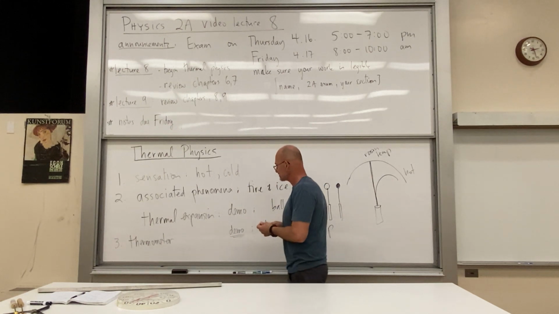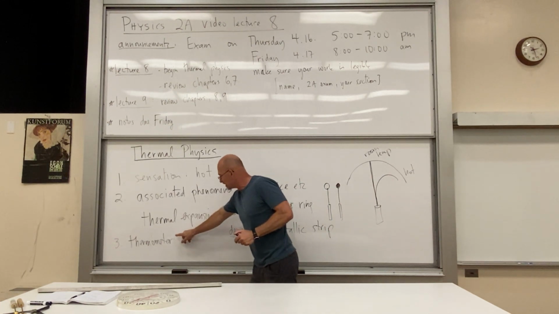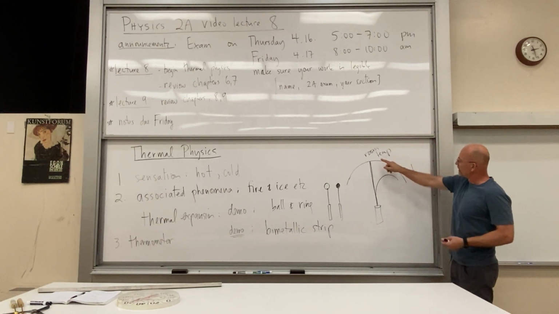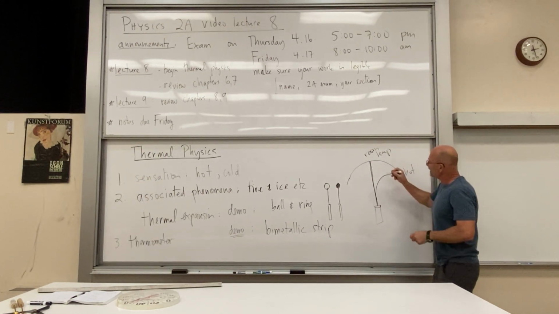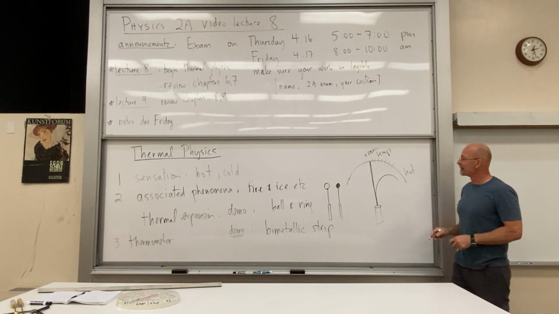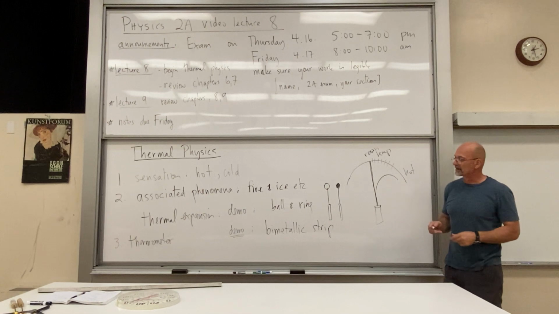Okay. But that also sounds a little vague, but you know, I said room temperature and hot, and this was as hot as a flame, but if I could control this and put a scale there, then I would have what's called a temperature scale.